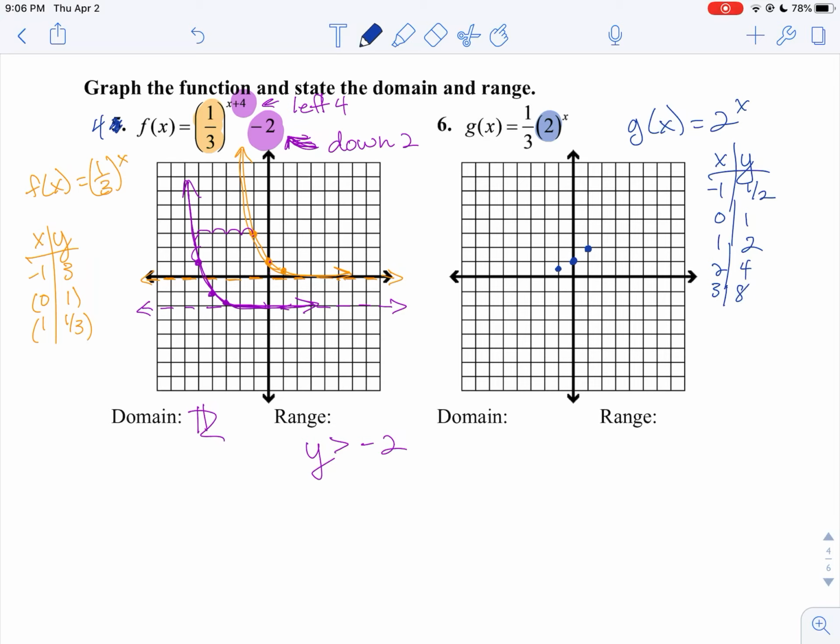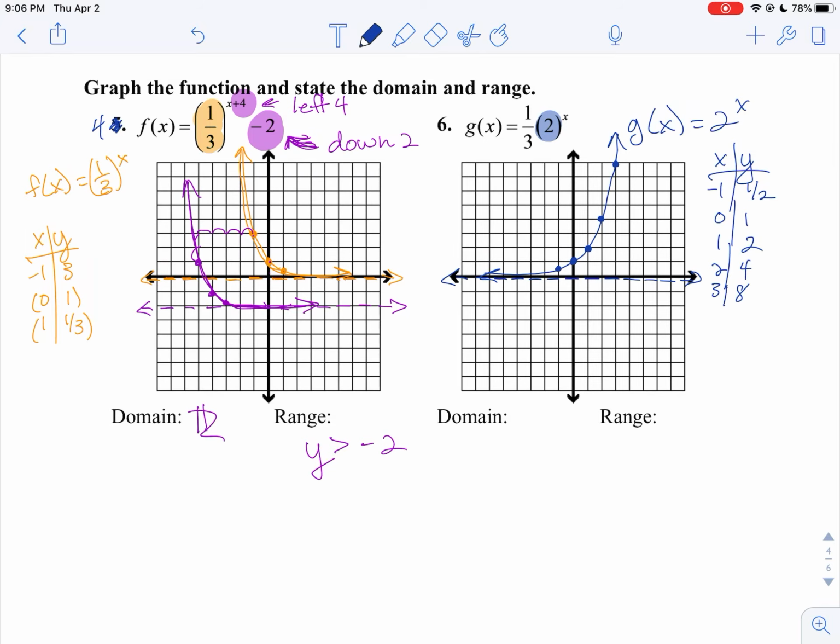And so I could graph 2, 4, and 3, 8 if you just wanted a couple more points to see how that curve is looking. And then again, I need to graph that asymptote, which would be right there on the x-axis for the parent function. And so my curve will look like this. That is an exponential growth curve, getting bigger, going up as I read the graph from left to right.